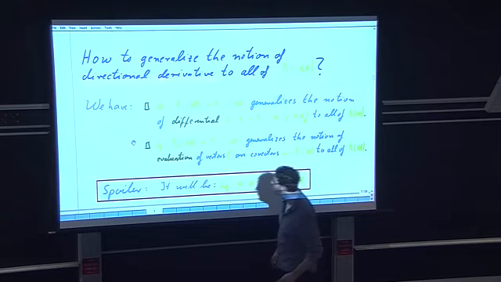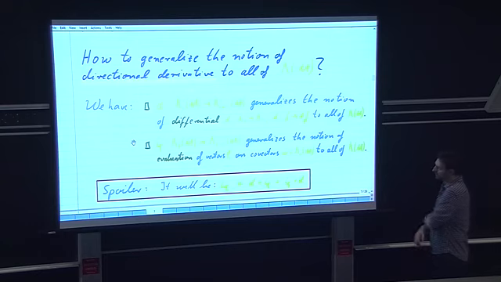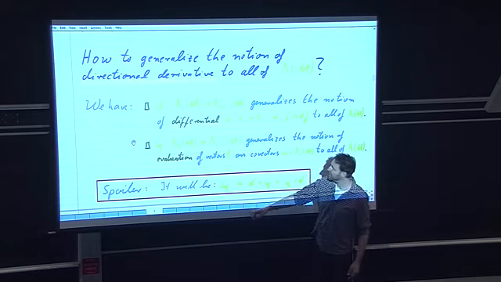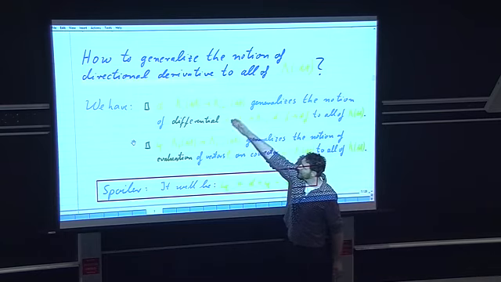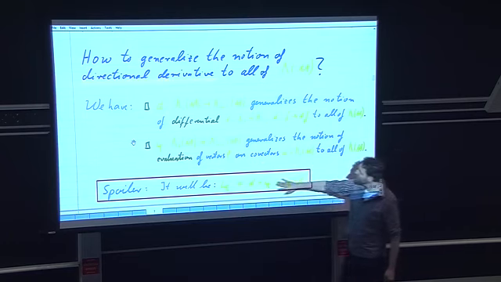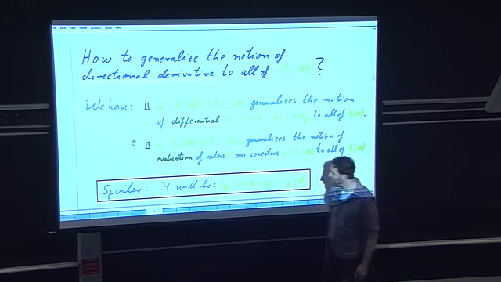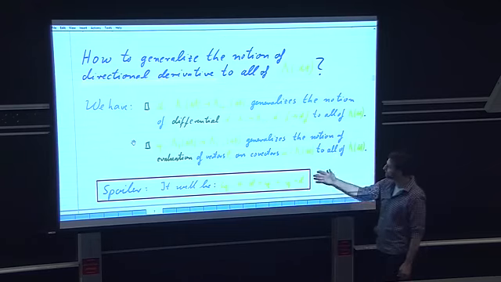Now, I'll give you a spoiler already, but we will derive it carefully. The spoiler is that we can combine the exterior and the interior derivations in this way to obtain a new derivation of degree 0, which will map k-forms into k-forms.